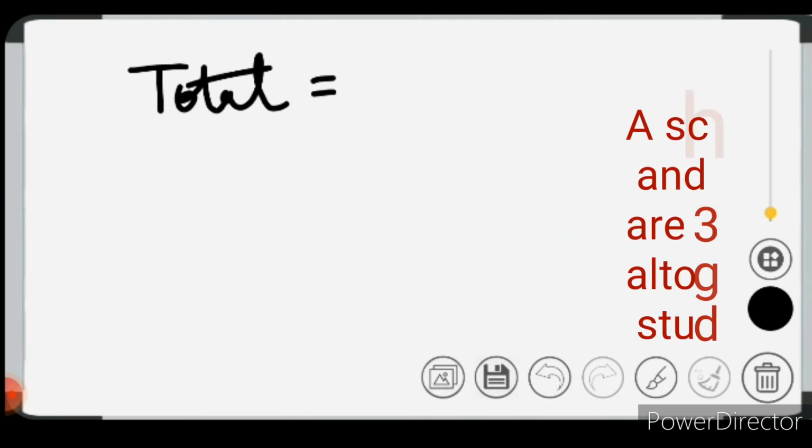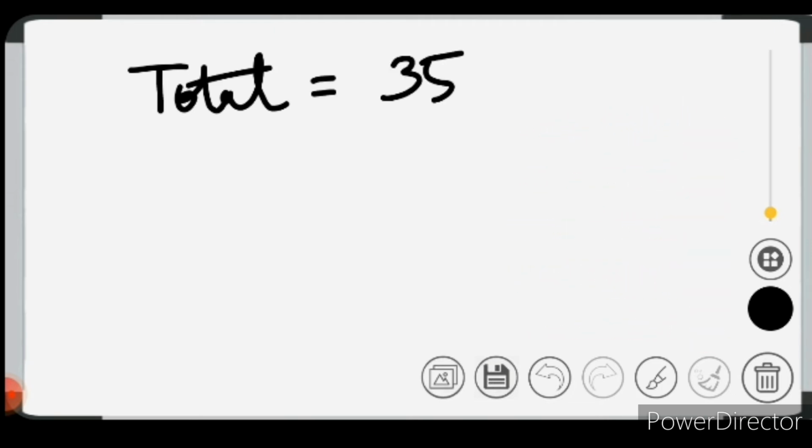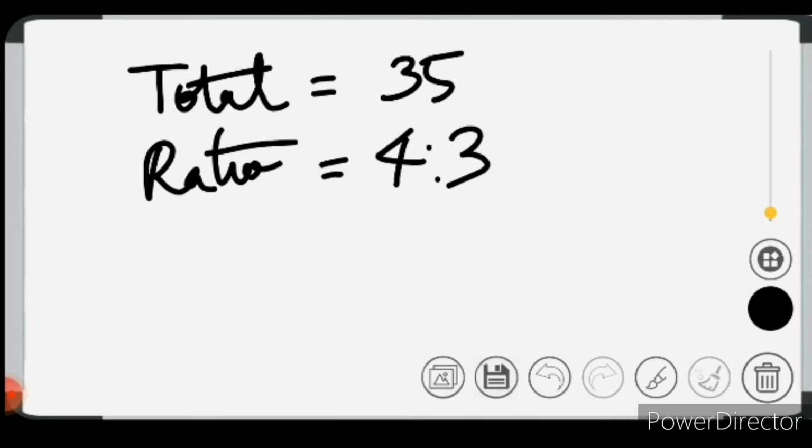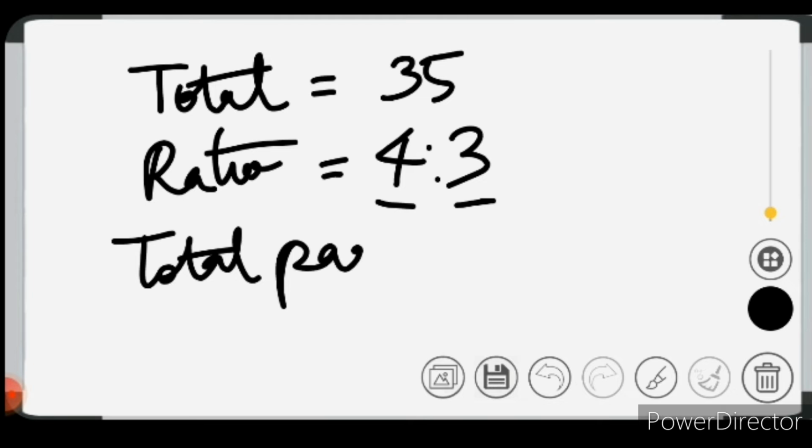There are total, so total is how much? 35 students. And what is the ratio? The ratio is 4:3. Now the first thing you are going to do is add this ratio, students. We call that the total parts. So total parts is 7.